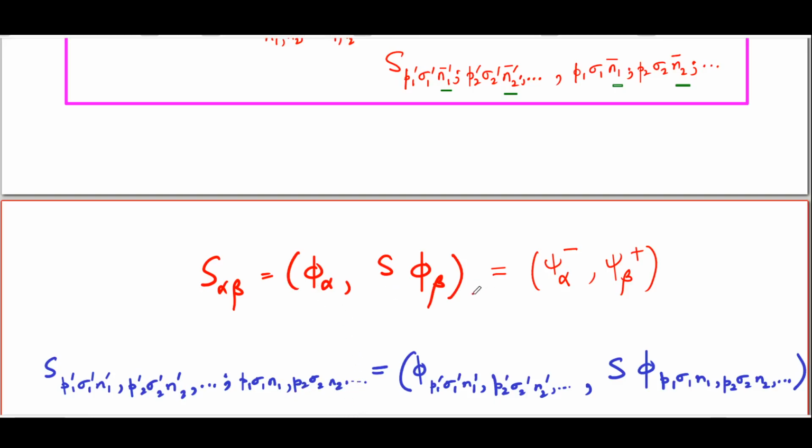As this equation tells you, this is nothing but the matrix element of the operator S, the scattering operator, between free particle states with the same particle labels as the in and the out states.